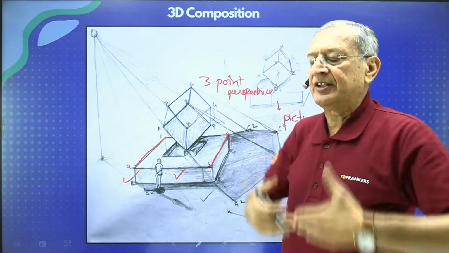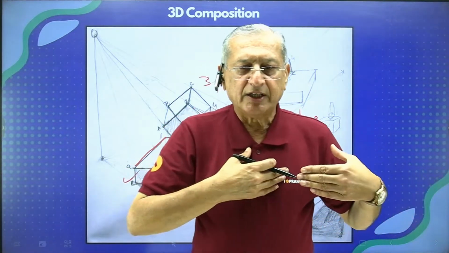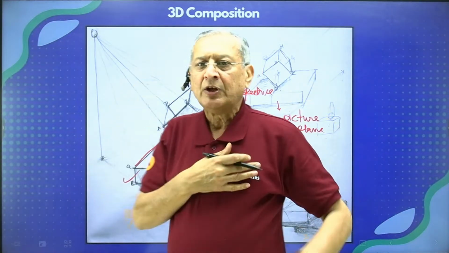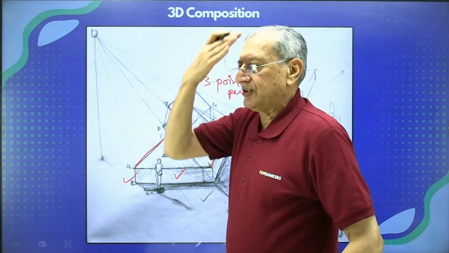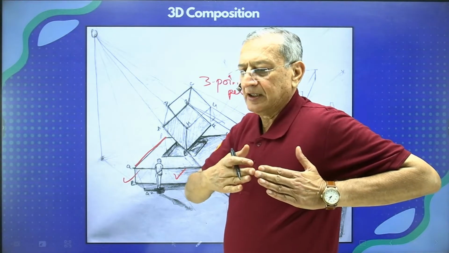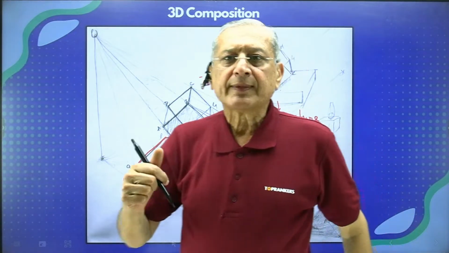So you are imagining a box here, and if I'm turning like this, it is going to be represented in 1-point perspective. When I turn like this, the flat surface of that box is forming a different angle than the right angle. It will lead to 2-point perspective. Okay.